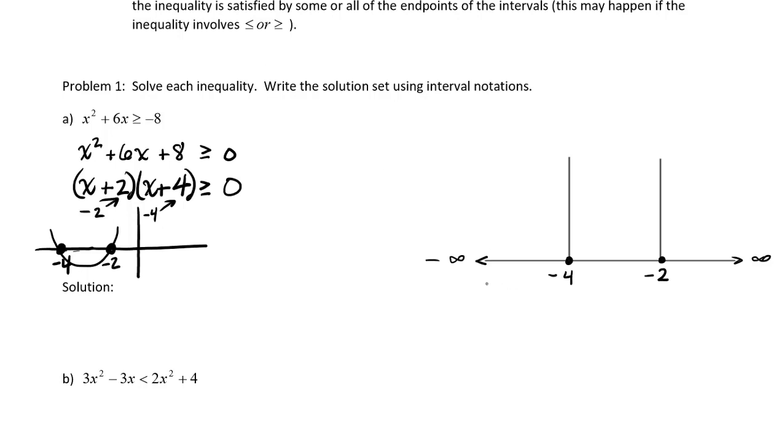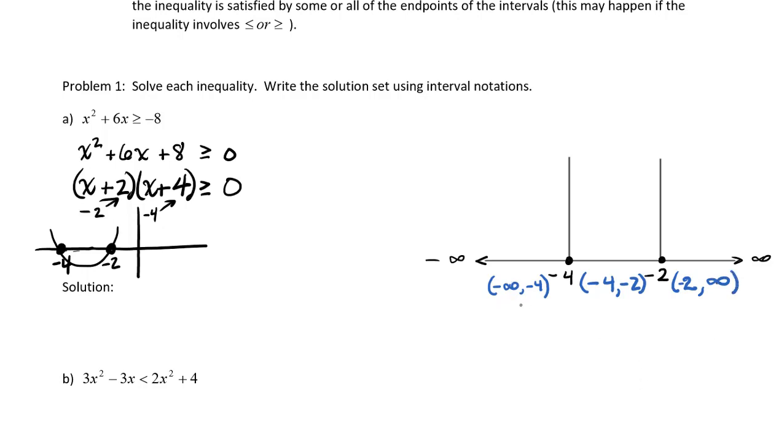Writing the intervals, I'll have the interval from -infinity to -4. Since it's greater than or equal to, we'll put a bracket, but for now, let me just list them as parentheses and not include the actual value. -4 to -2 is my next interval, and then from -2 to infinity is my last interval.